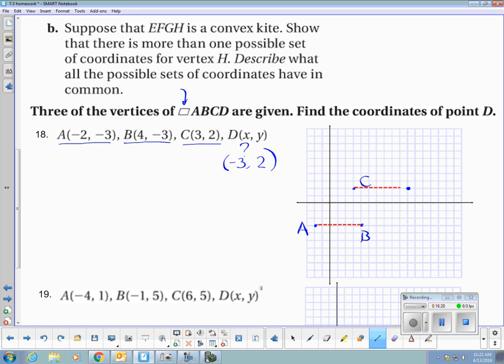So it was a little bit off. So I'm going to move this point right back here. And that's my second point for D. That makes a parallelogram. And so we can count 1, 2, 3, 4, 5, 6, 7, 8, 9, and up to would be 9, 2.